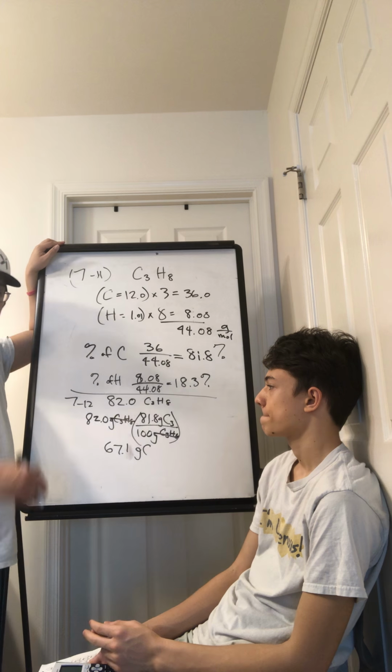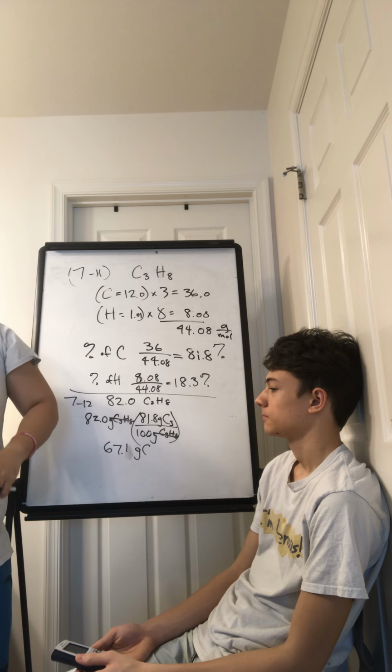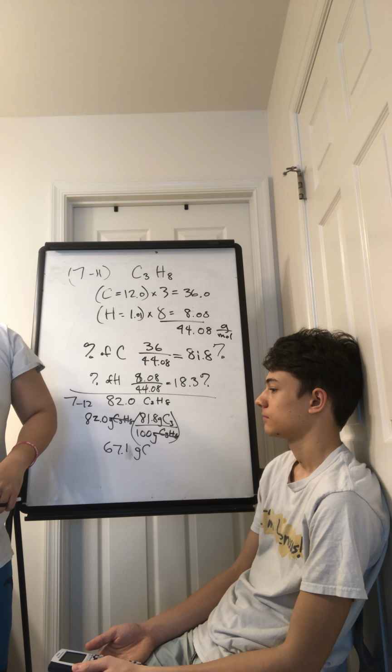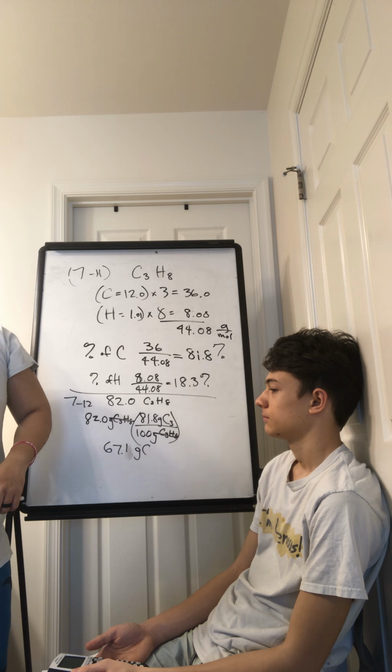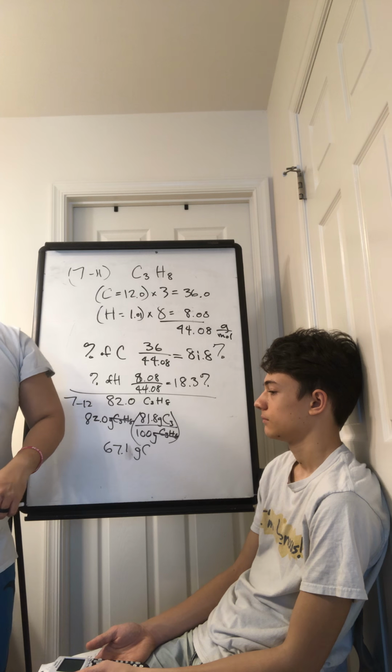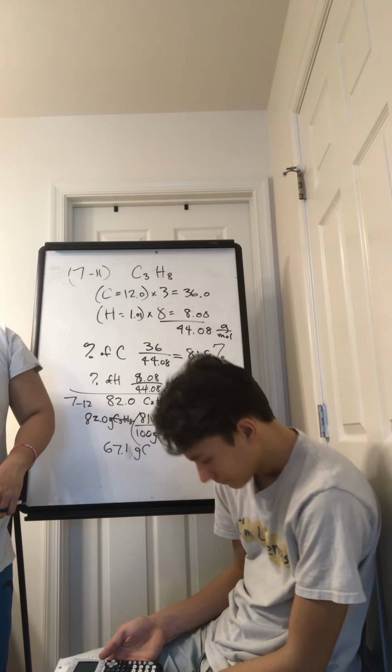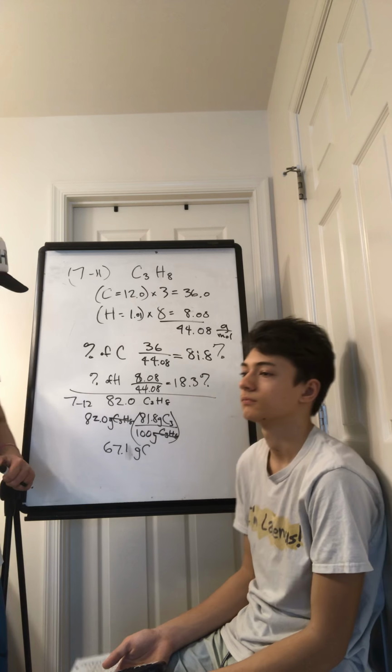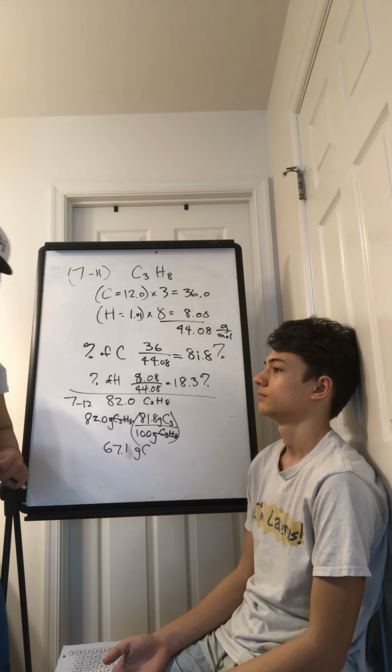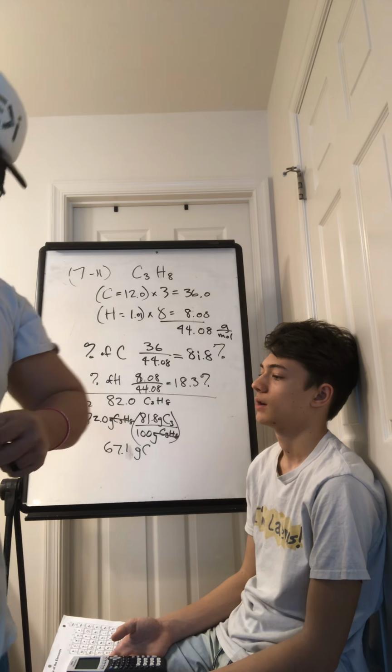Does that make sense? That's the total amount of carbon that I have. And is that the answer that I got and they got? Yep, 67.1. Cool. We cool with that? Yeah. Alright.